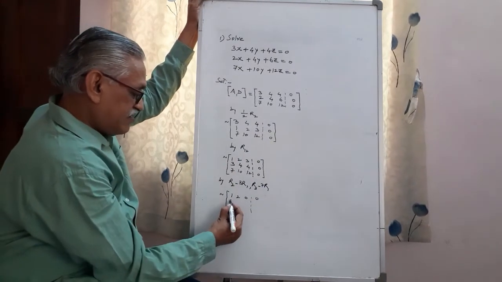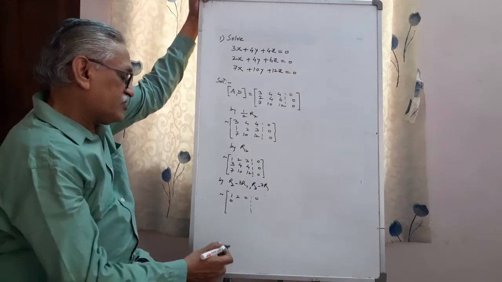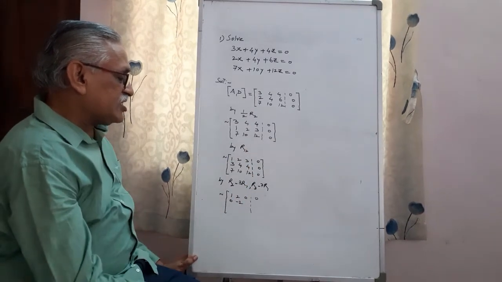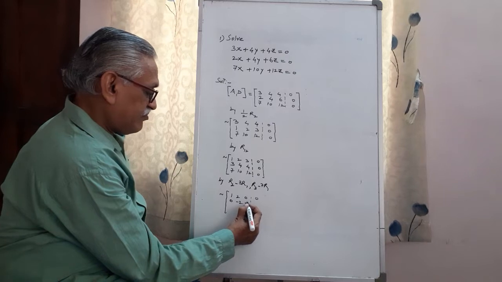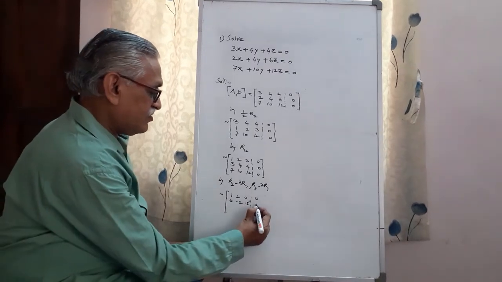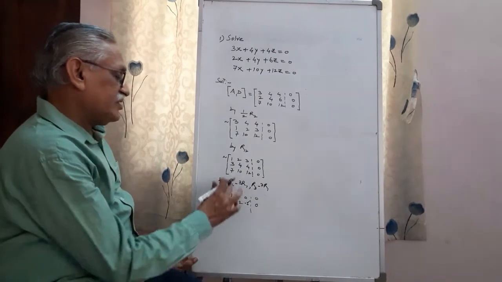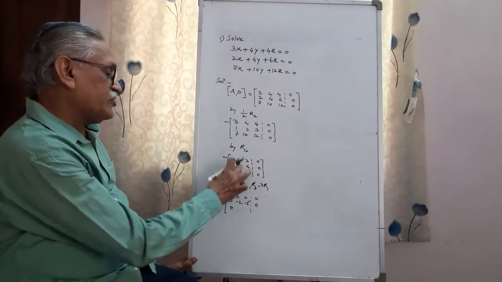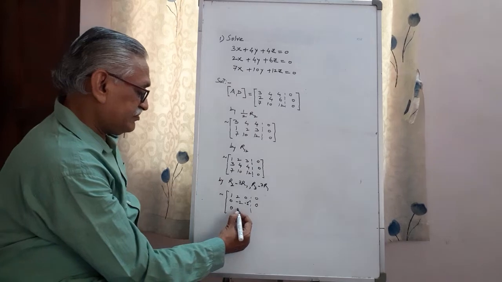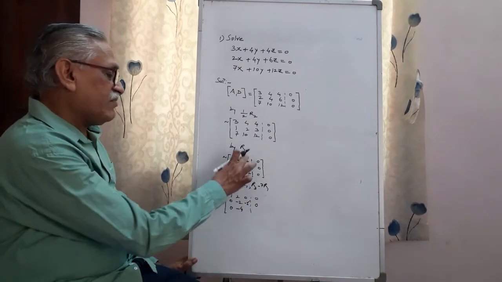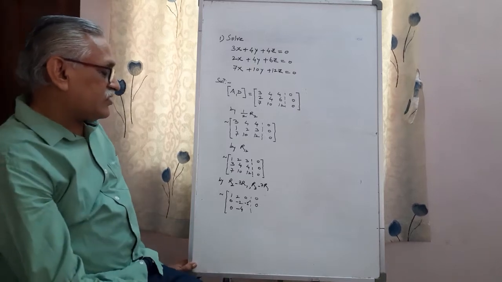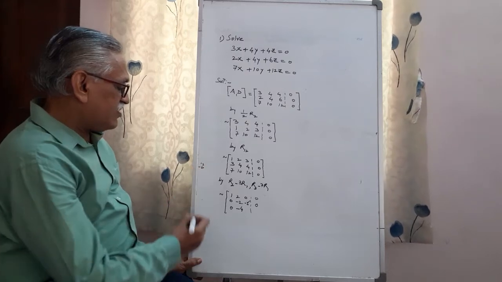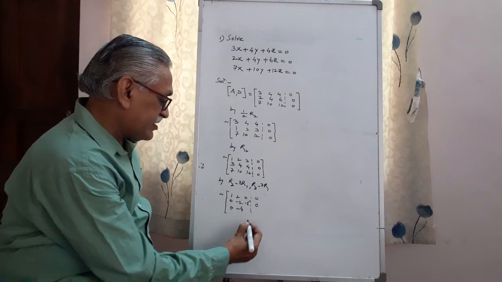Three minus 3, 4 minus 3 into 2 is 6, 4 minus 6 is minus 2, 4 minus 3 into 3 is 9, 4 minus 9 is minus 5, and 0 minus 0. 7 minus 7 times 1, 7 minus 7 is 0. 10 minus 7 into 2 is 14, 10 minus 14 is minus 4. 12 minus 7 3s are 21, 12 minus 21 is minus 9.